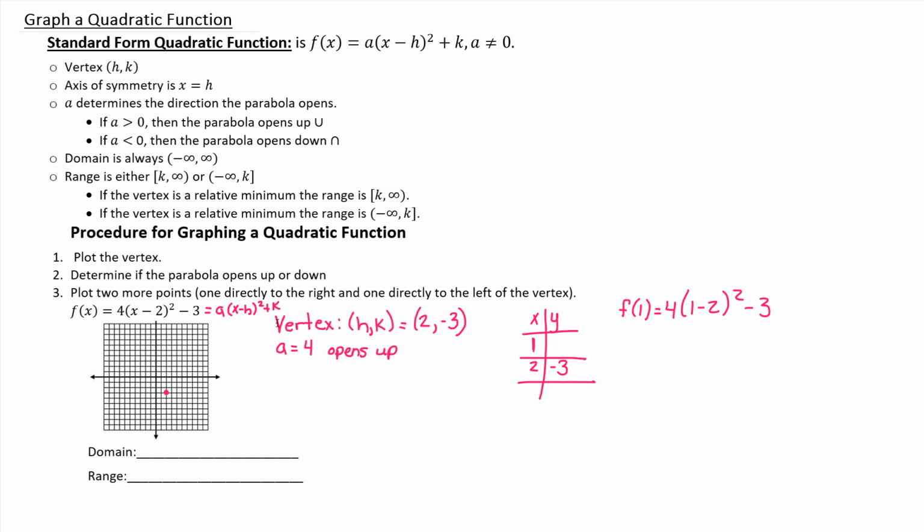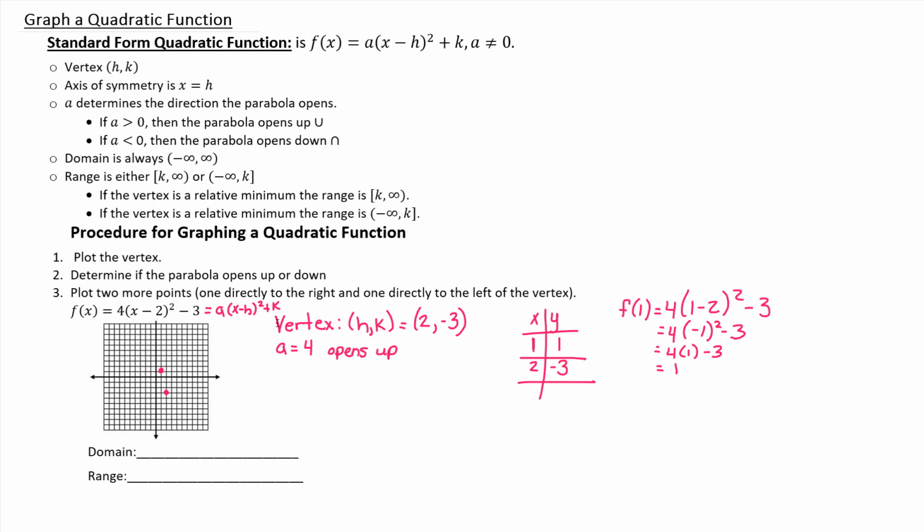So 4 times negative 1 squared minus 3, but that's just 4 times 1 minus 3, which is just 4 minus 3, which is 1. So we get the ordered pair 1, 1. That's the point directly to the left of the vertex.